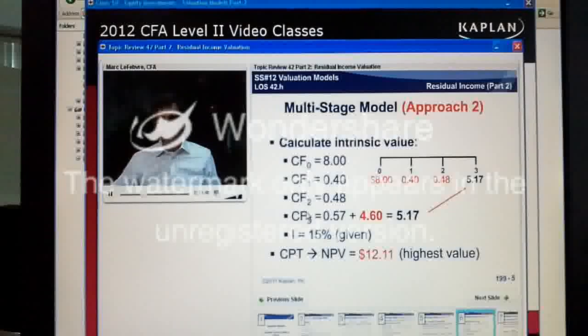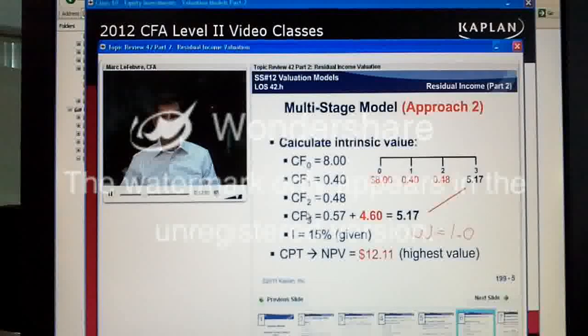And the reason, again, is because the persistence factor, the omega, in this case is 1.0. So that's our highest value. The lowest value is when omega was 0. The highest is when the persistence factor omega is 1.